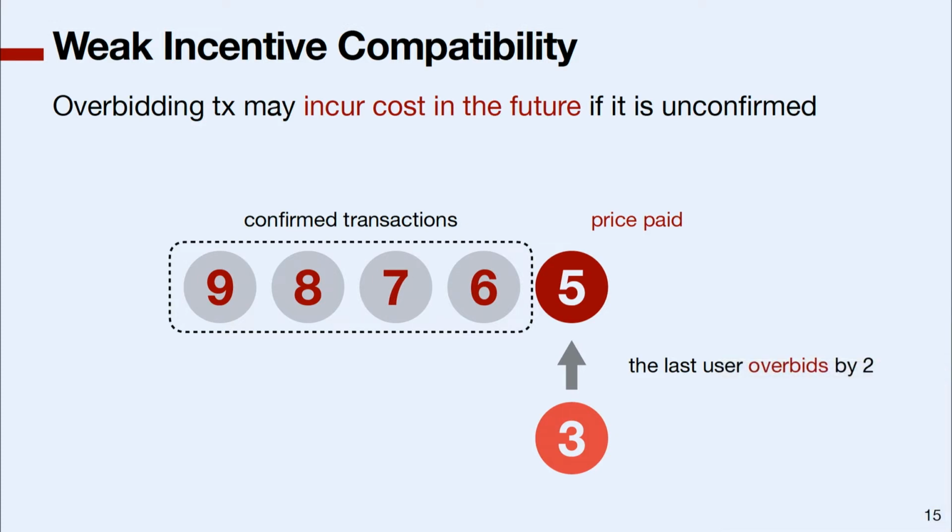That means your true value is only 3, you overbid for now, and you may need to pay $5 in the future. That means you actually lose $2. So we call this model weak incentive compatibility. That means if we also consider this potential cost for the coalition, this is a weaker adversary. In this case, we can have a mechanism.